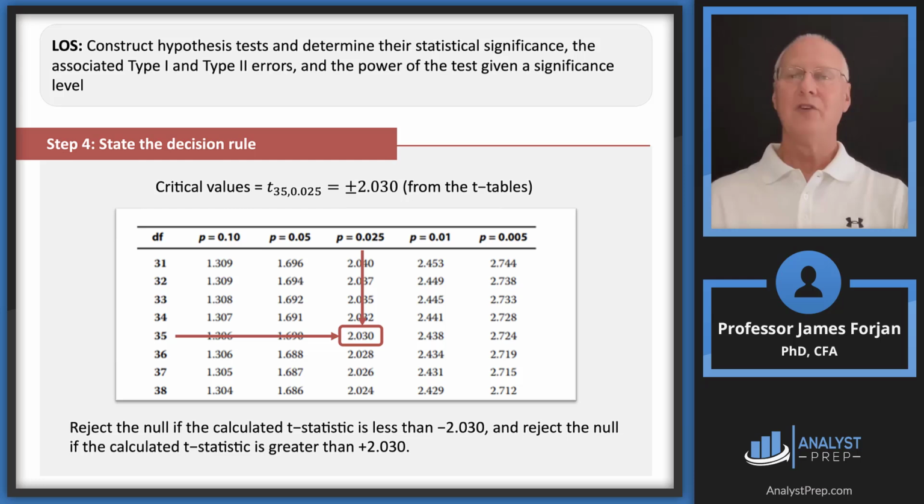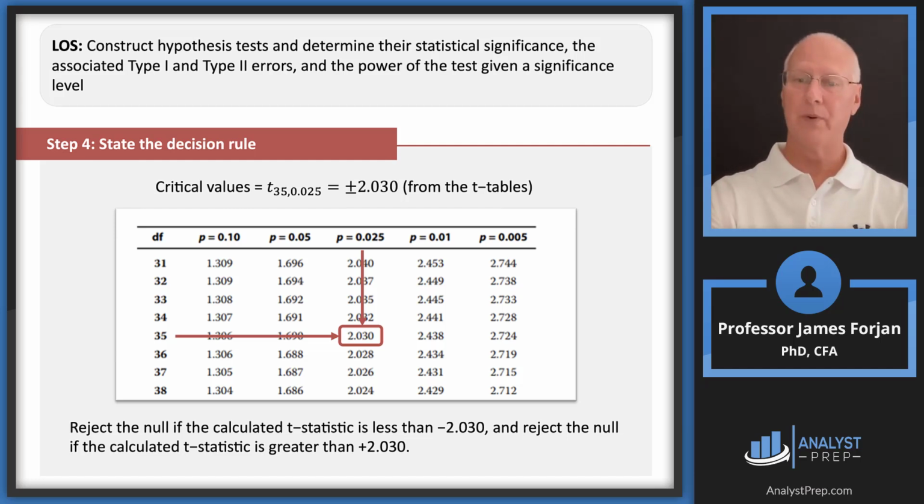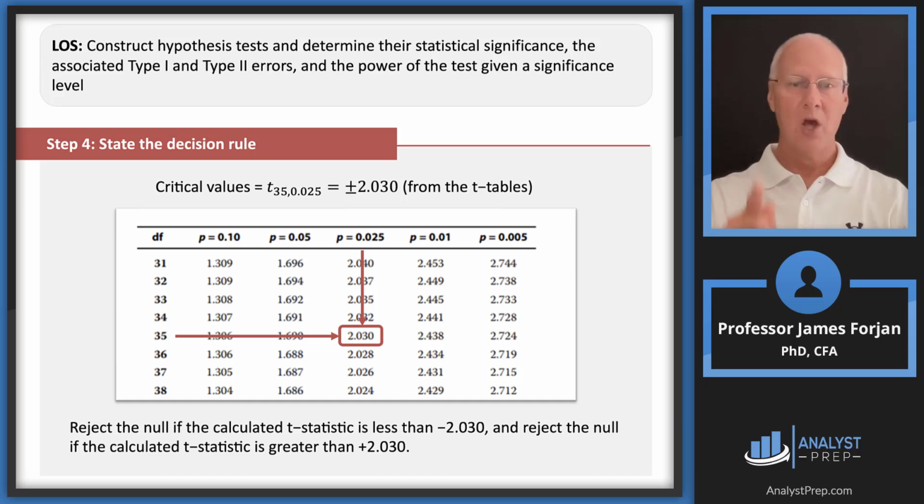5%, that was given. In that last table, I showed you how to use the p-value. Here we're going to use the t-tables. So we're going to run our finger down, degrees of freedom, 36 months, n-1 is 35. Run our finger over to 35, and then run our finger over. Now here's where you have to be super careful on the exam, right? What was the level of significance?